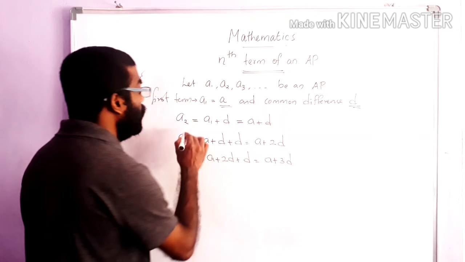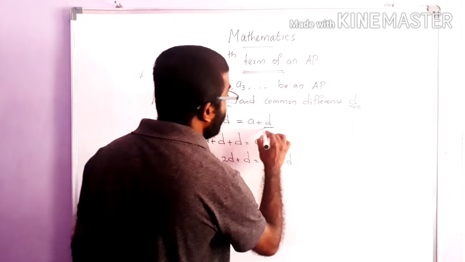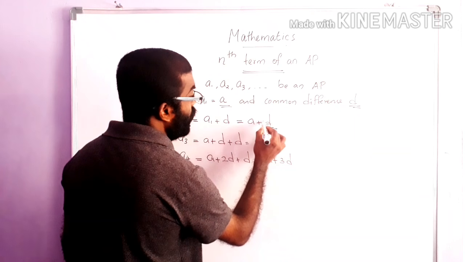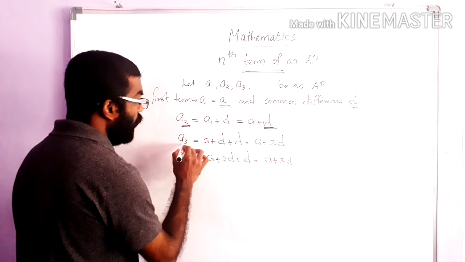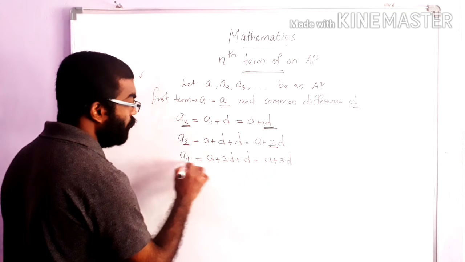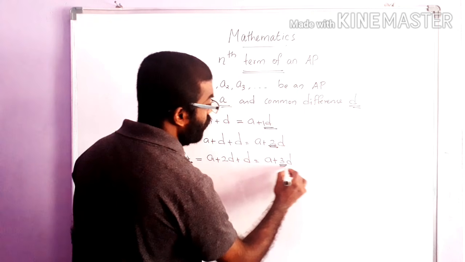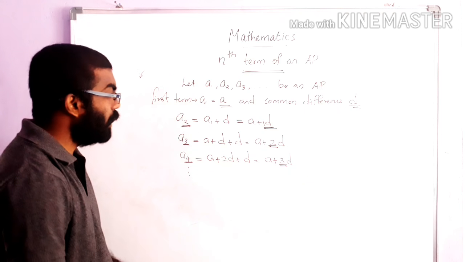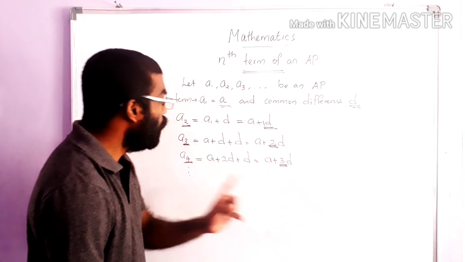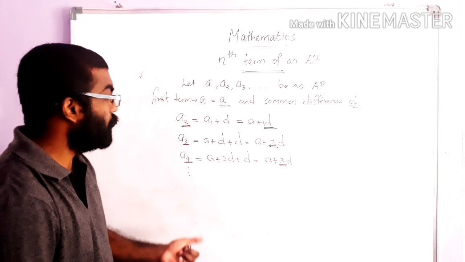Now look at this pattern. Is there any relation between the position and the coefficient of D? Here the position is 2 and the coefficient is 1. Position is 3, coefficient is 2. Position is 4, coefficient is 3. That means the coefficient of D is 1 less than the position.